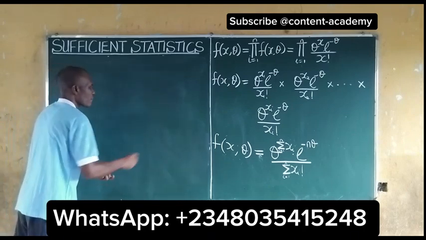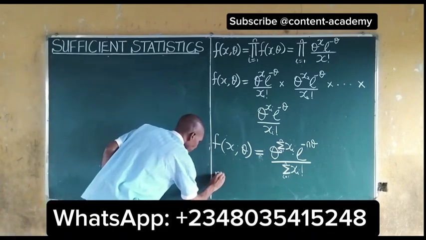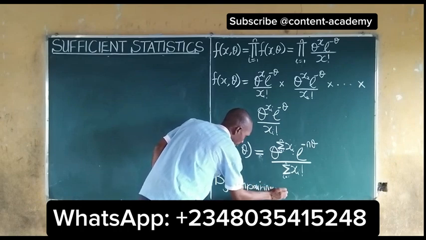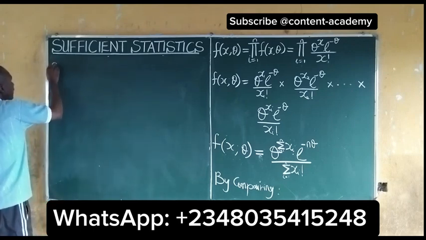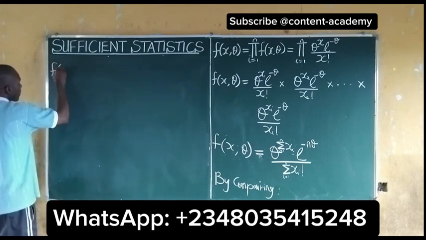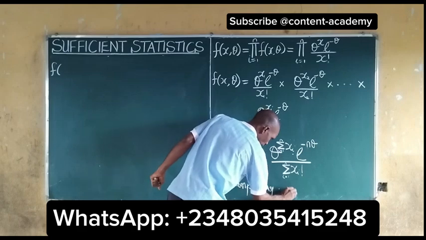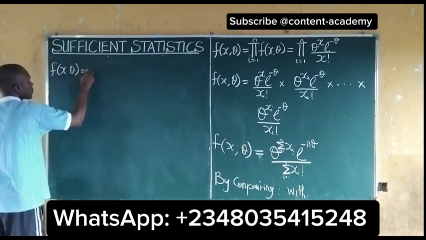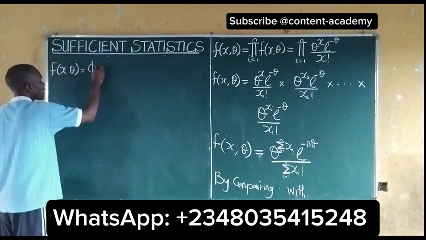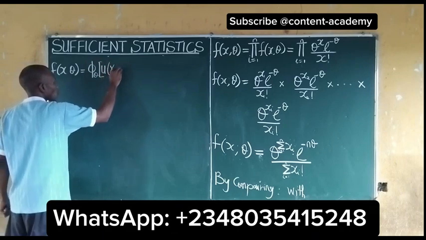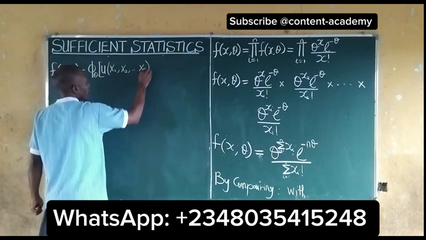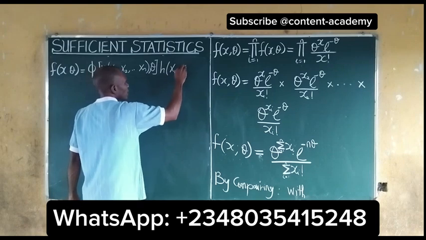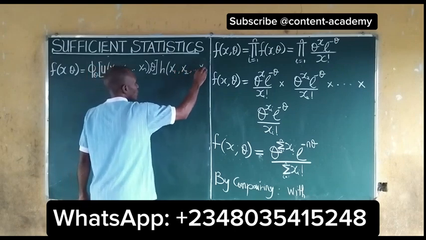Alright, so by comparing with f of x given theta, which we wrote earlier, as the product of g of theta and h of x1, x2 to xn, this part depends on theta, while this part does not depend on theta.